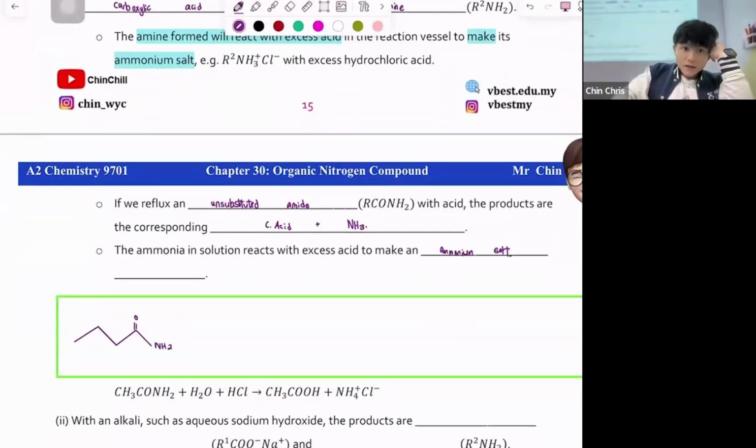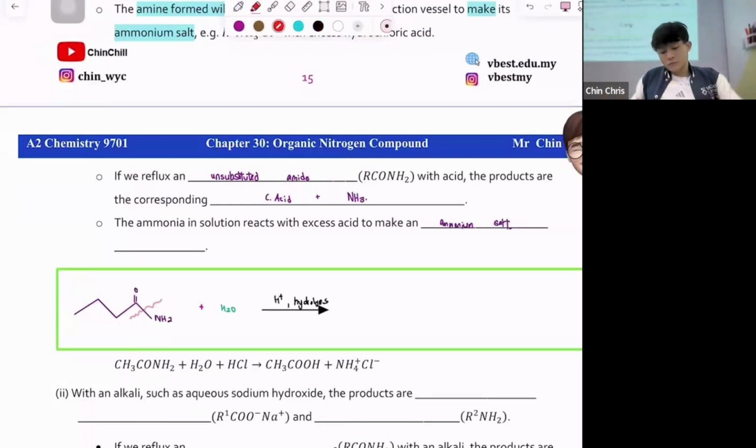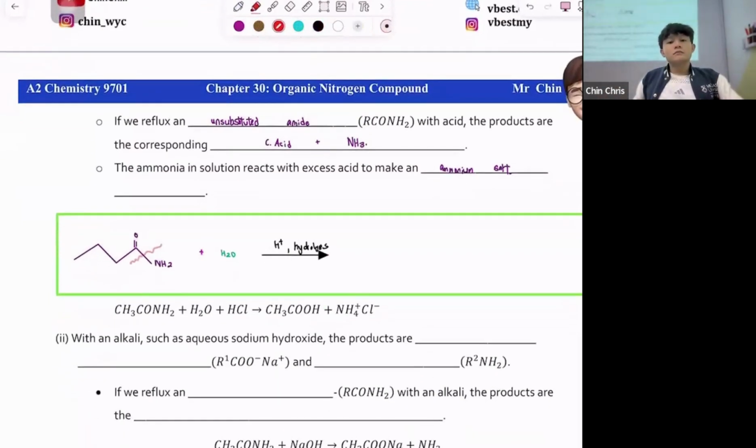So, guys, again, if I take this and undergo a hydrolysis, alright, guys, what's your answer?